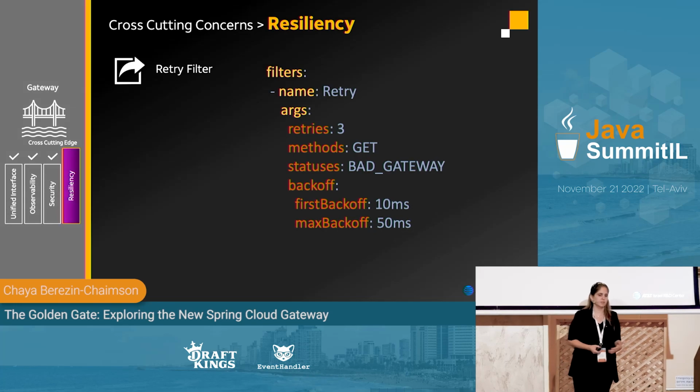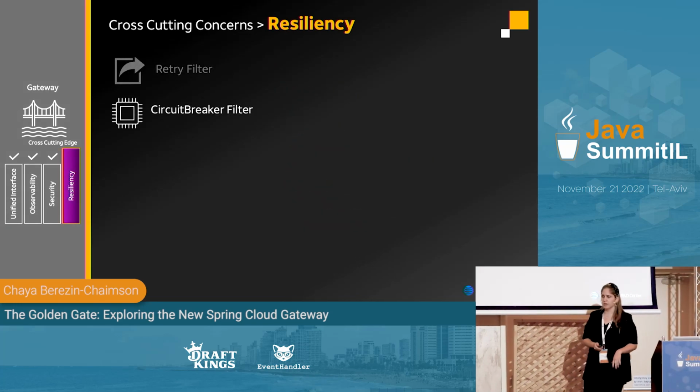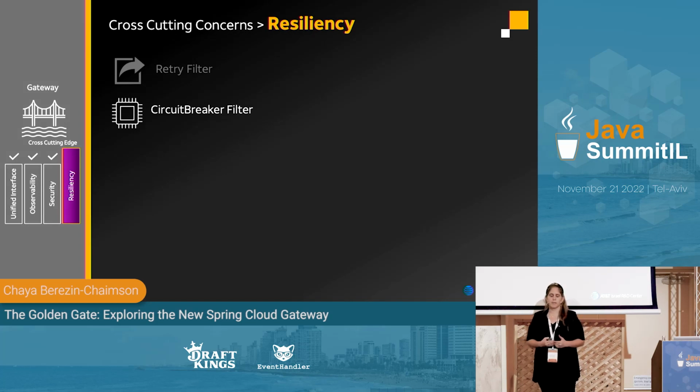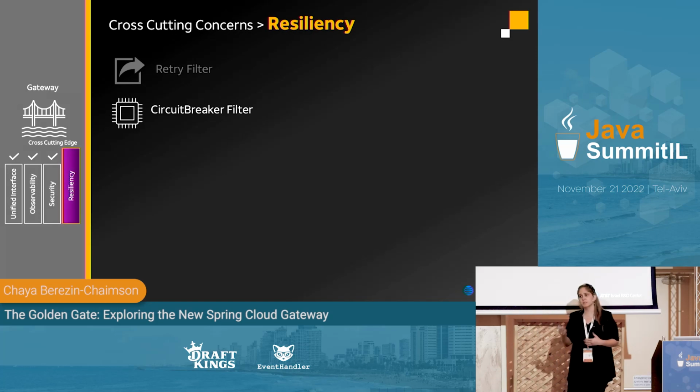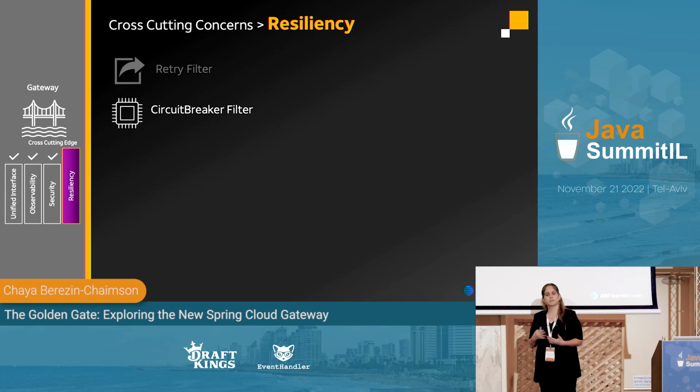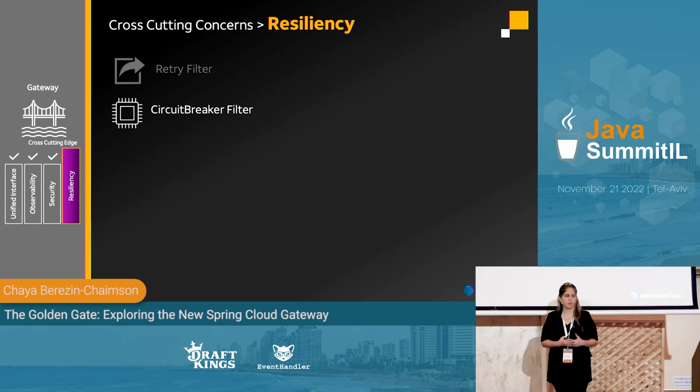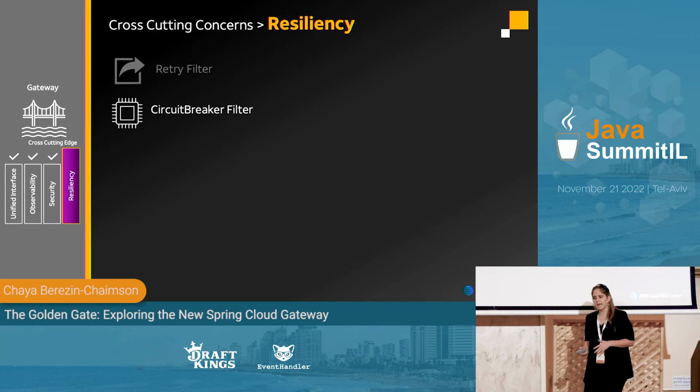For this case, there is another pattern, which is called the circuit breaker pattern. And in short, this pattern examines the microservice stability. And after a few consistent failures, it decides that the microservice is not stable anymore, and it stops forwarding the request to the microservice, and instead it will apply some default behavior.